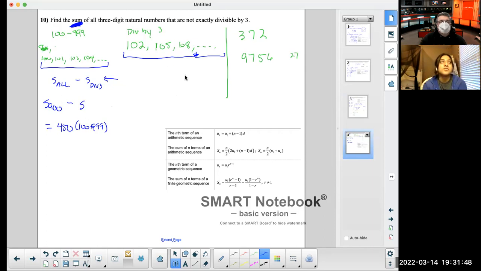How many terms are there? Well, what's the largest one that's divisible by 3?